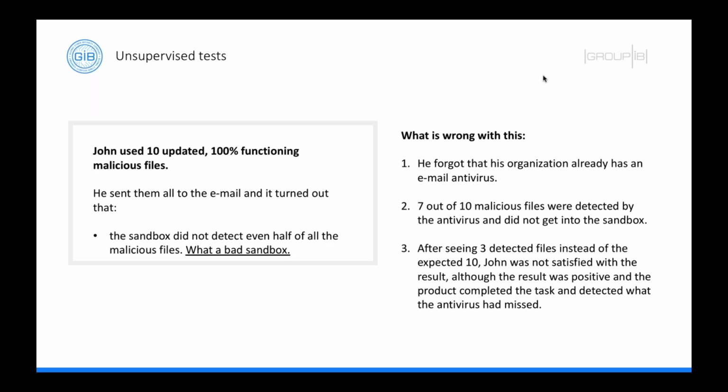But he doesn't think about the simple fact that the email system already has lots of products to protect the mail flow, right? Starting from an anti-spam solution to an AV solution. He sends like 10 letters and sees that only 3 of them alerted on a Sandbox, and he says, okay, only 30% of my test cases were detected by your Sandbox.